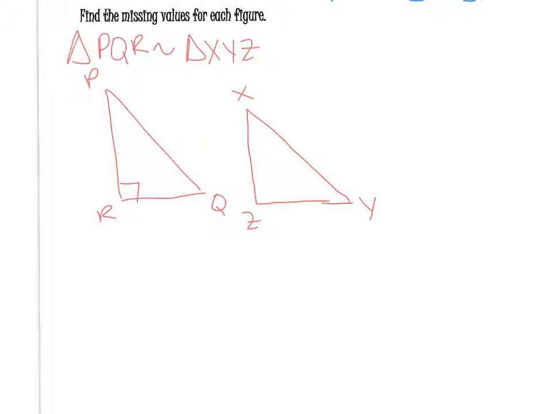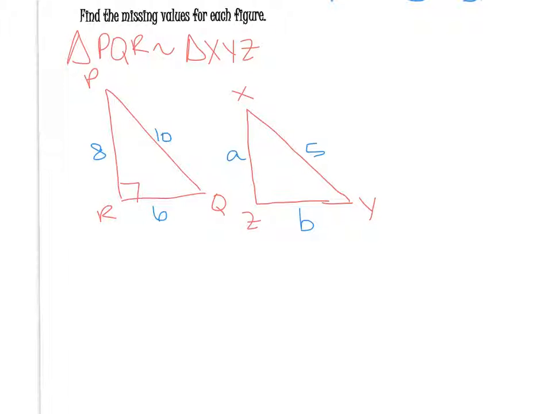So let's say that PR measures 8. RQ measures 6. PQ measures 10. And then on the other triangle, XZ, we're going to say that measures A. So we don't know what that measure is. We're going to end up finding that. ZY measures B, and XY measures 5.